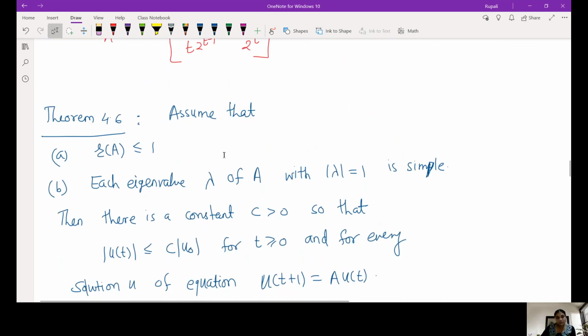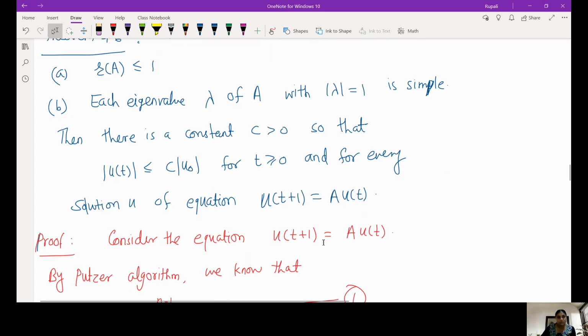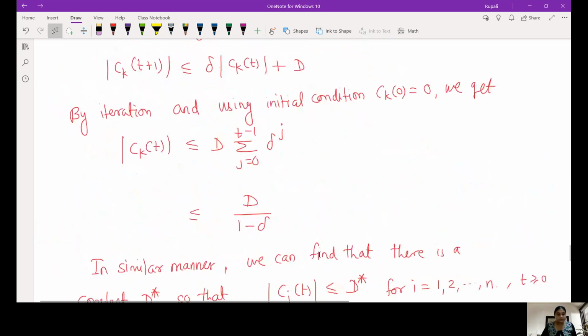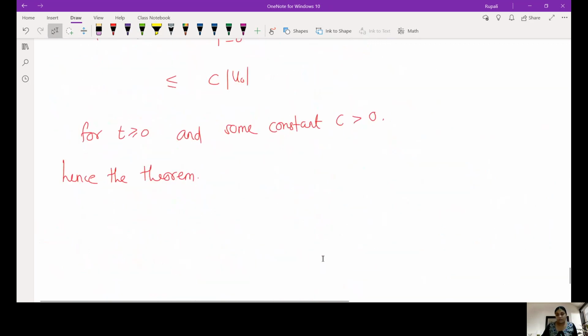Just use the same algorithm, divide the proof into two parts: each eigenvalue for which |lambda| = 1 is simple, and for the remaining ones |lambda| is strictly less than 1. Use those equations and we can prove the theorem. Is that okay?